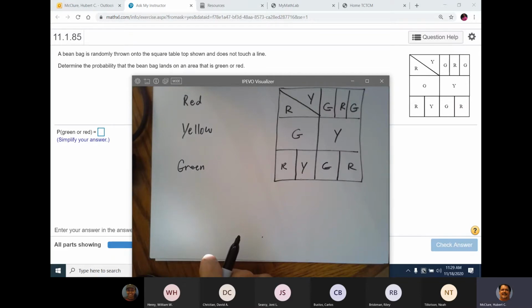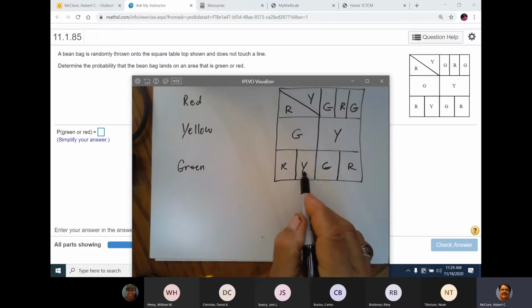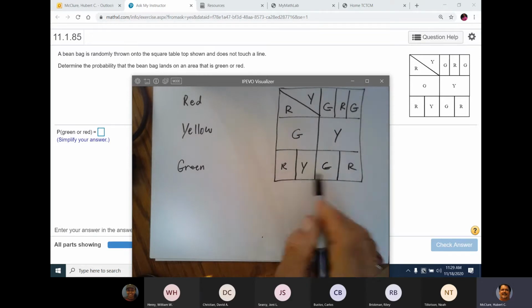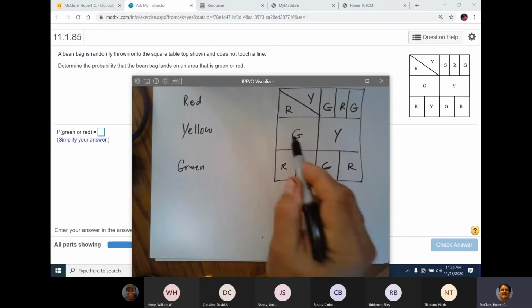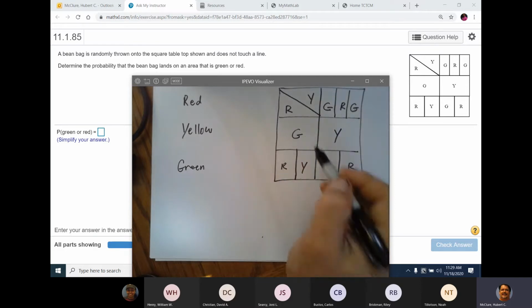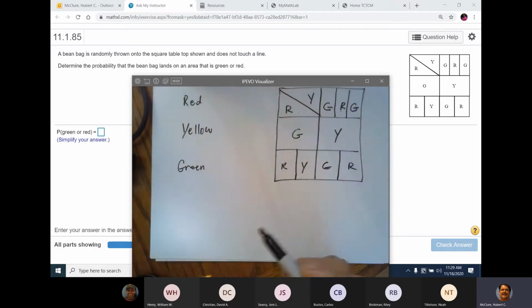Now, in order to do this problem, you've got to think of this as one of two, or you've got two parts to this square, two parts to this square, one part here, two parts and three parts. So you've got to organize your data accordingly. And how do you do that?